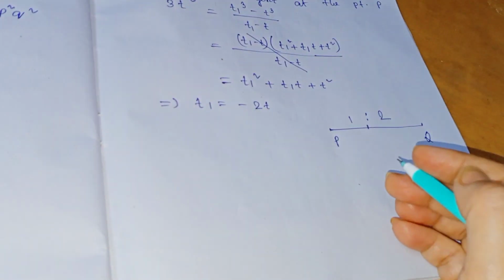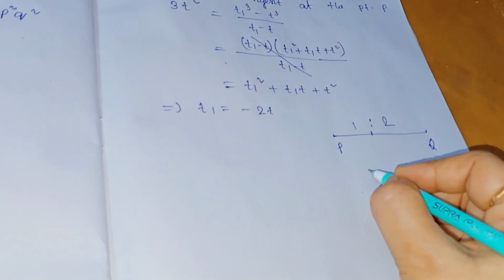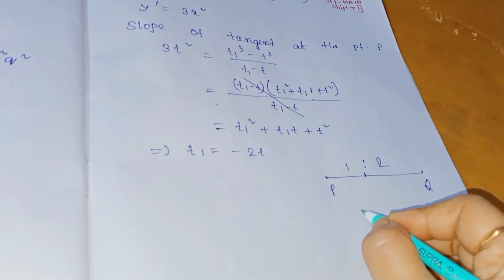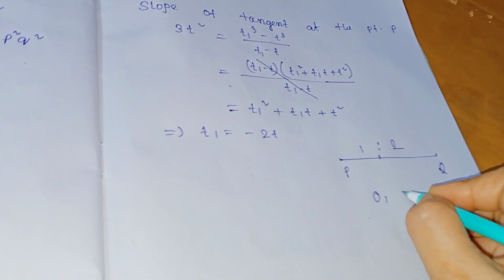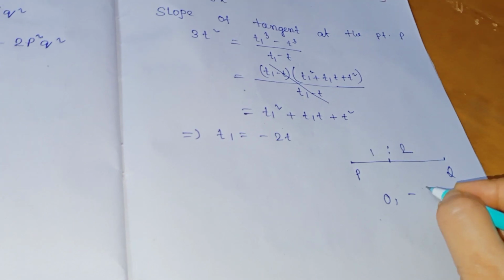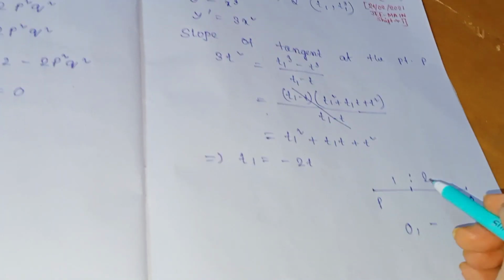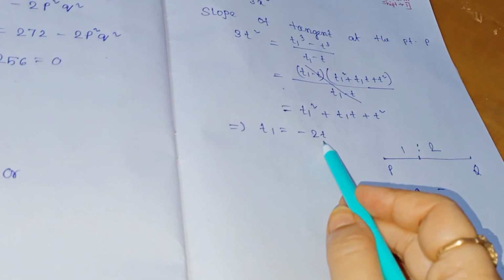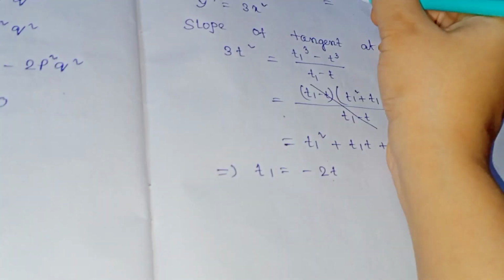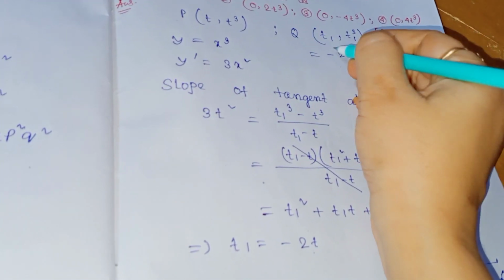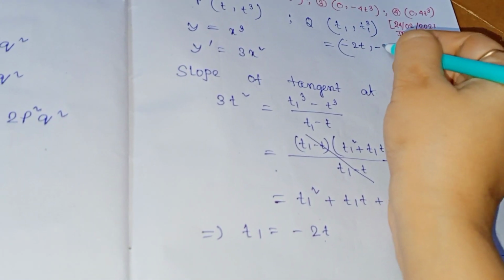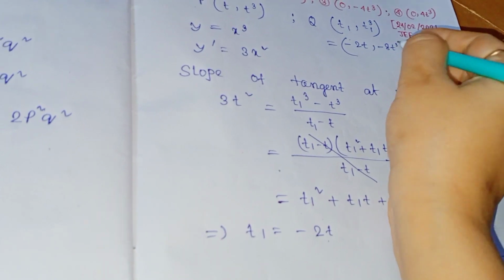So if we divide internally, the x-coordinate is 0 here, and if t1 is equal to minus 2t, Q becomes minus 2t comma minus 8t cube.